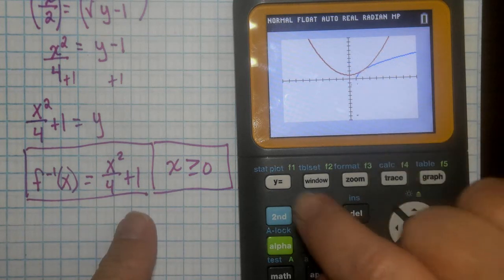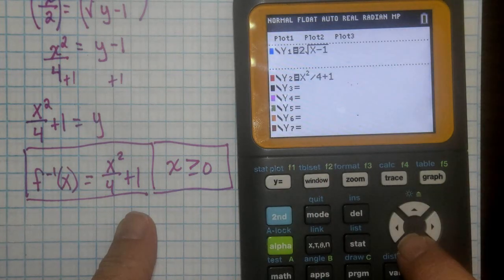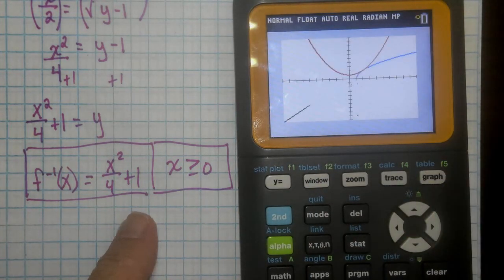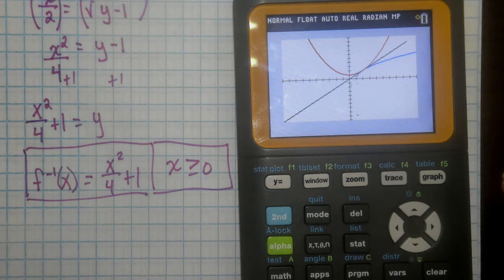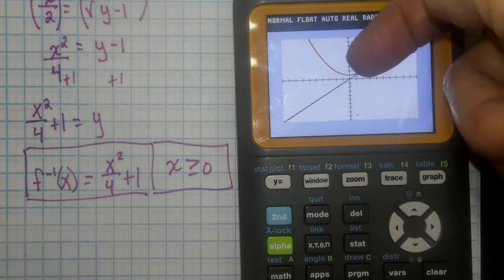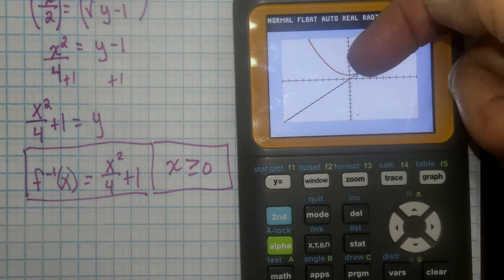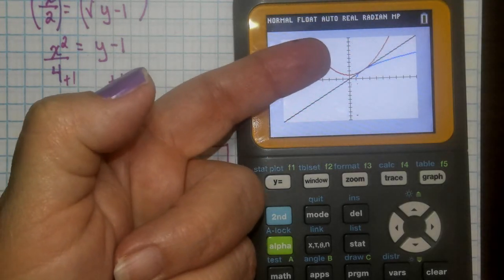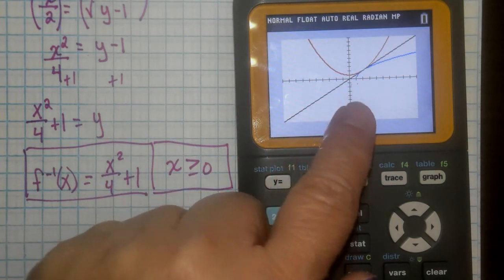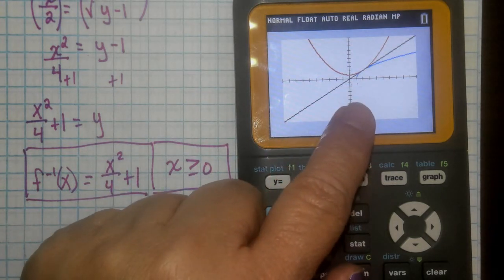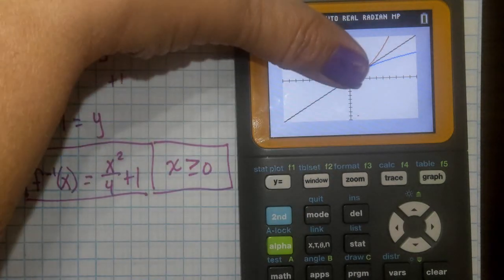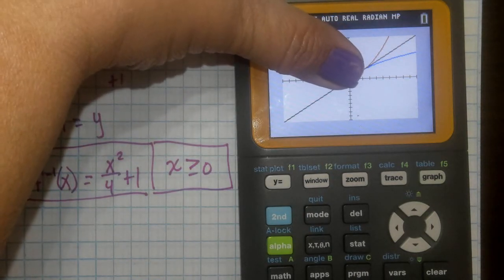But if I come into here and I draw y equals x, so think about reflecting. Alright, well, if I reflect this part of the red, it would reflect on that blue. If you reflect this part of the red, flip it over, is there any blue down there for it to match with? So that's why this part can't be counted.